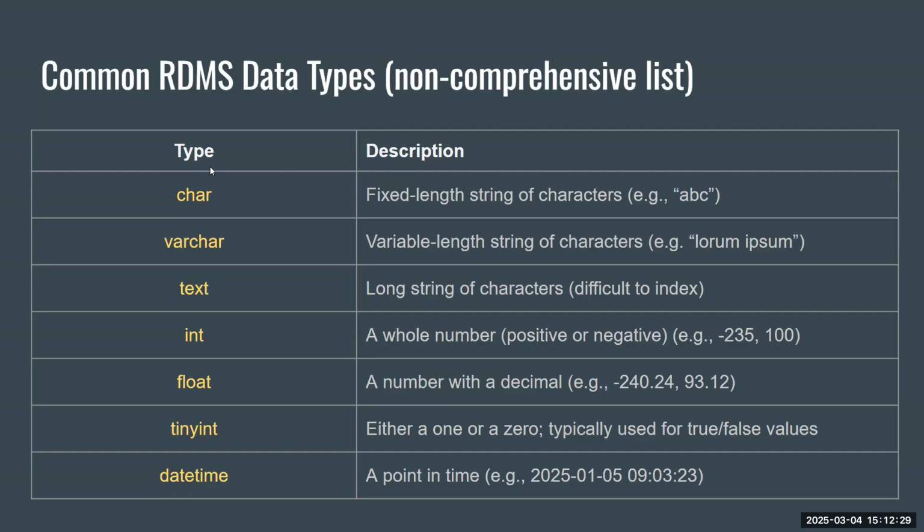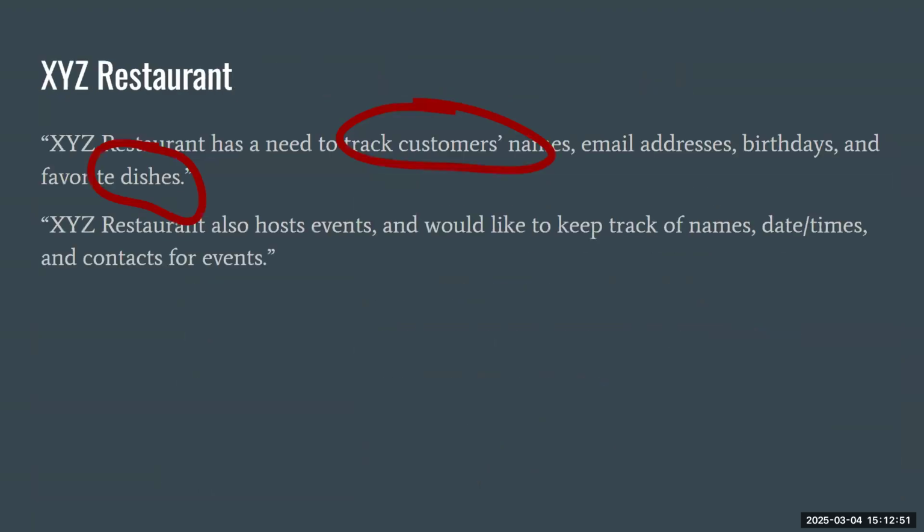And SQL is a standard that defines what necessary data types there are. So the first 3 are like string types, the second 3 are number types, and then we have date time. And there's a few more like booleans and tiny ints and stuff like that. But I think that's it. All right.